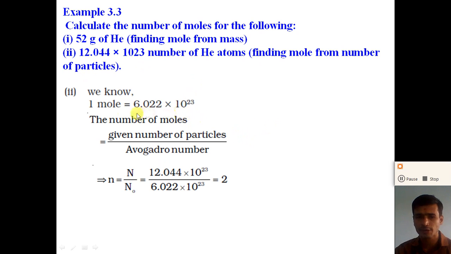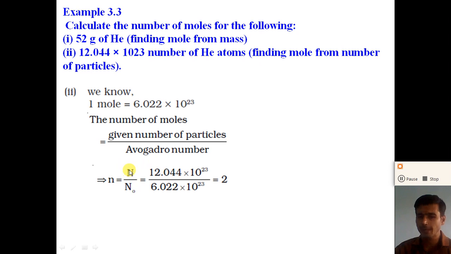What is the Avogadro number? The Avogadro number is 6.022 into 10 raised to 23. So the number of moles is equal to the given number of particles, 12.044 into 10 raised to 23, divided by the Avogadro number, 6.022 into 10 raised to 23. So the number of moles n is equal to N divided by N0.